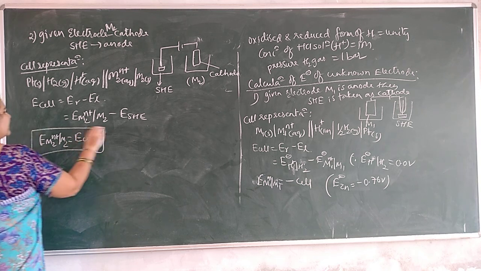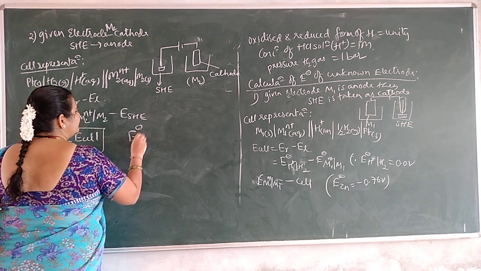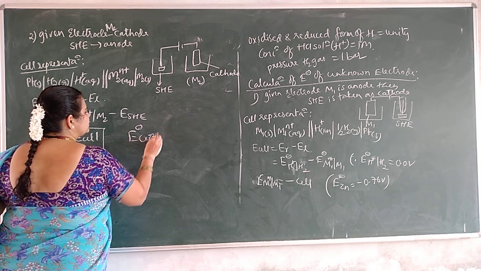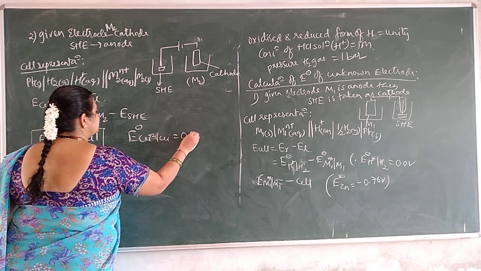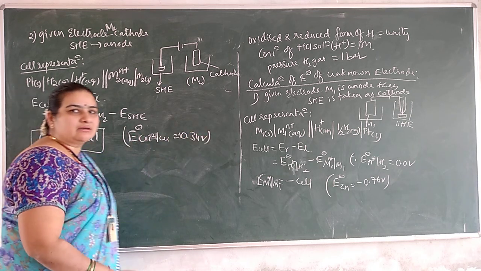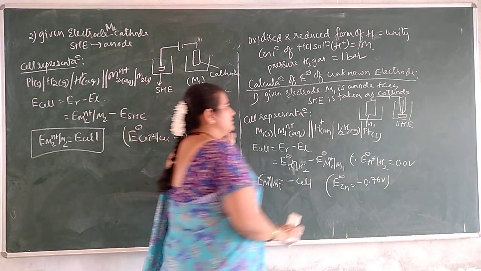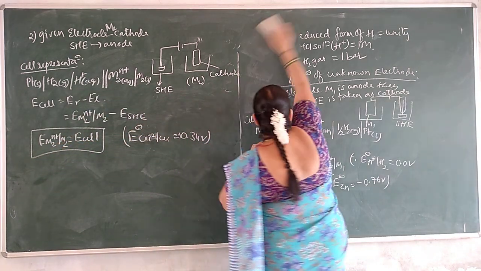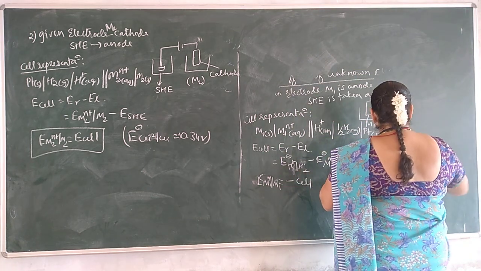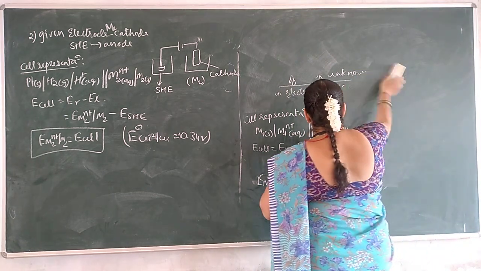In this way we can calculate the electrode potential of copper, Cu^2+ | Cu, as 0.34 volts. So this is the method to calculate the electrode potential using the standard hydrogen electrode. Now, applications of standard electrode potentials.